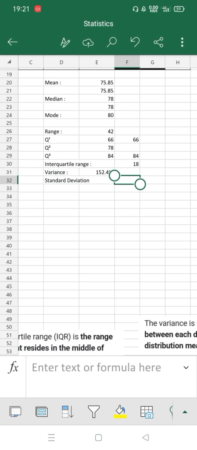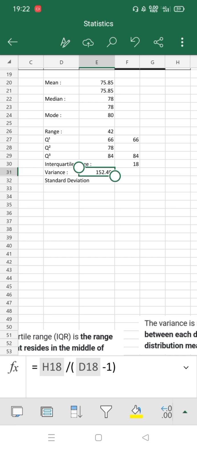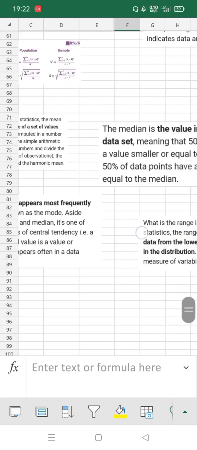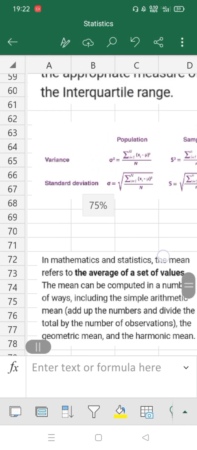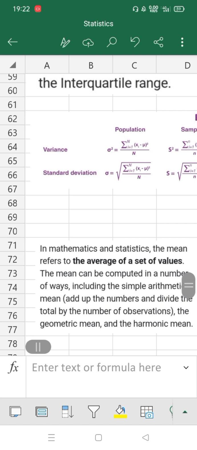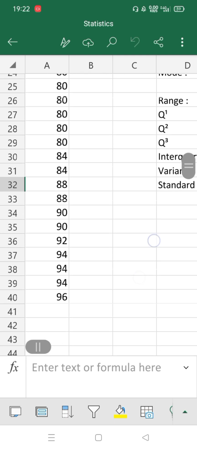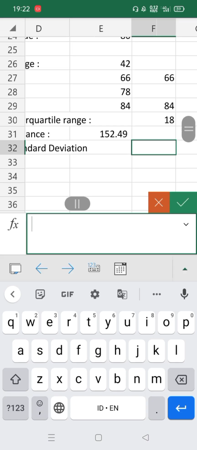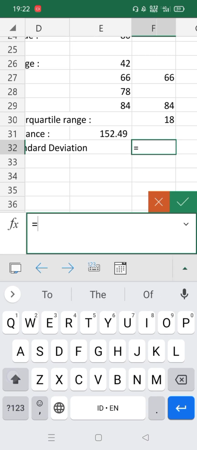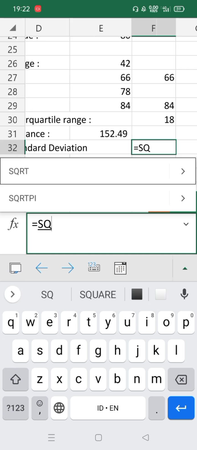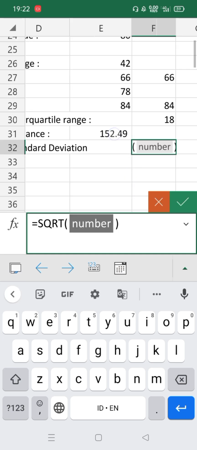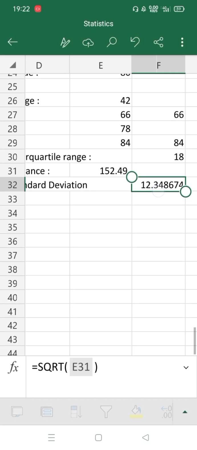The only thing you need to do is take the square root of the variance. If the variance is a square, then the standard deviation is the root of the variance. So you just write sqrt, and the number is the variance, and there you go.